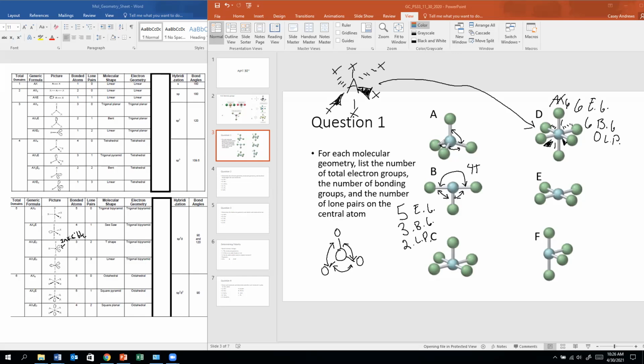This one kind of does not look like it, but that's just the limitations of showing a 3D object on a 2D plane. So this only has bonding groups. The electron groups here would be 4 electron groups. 4 of those are bonding groups and no lone pairs.